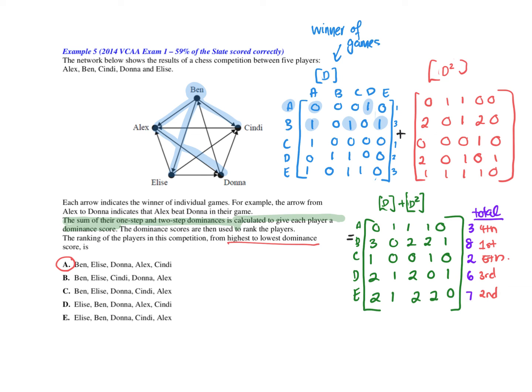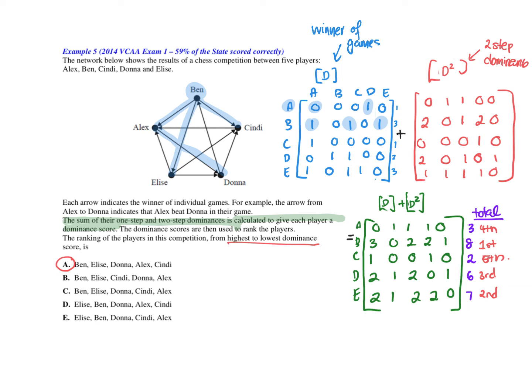So we then look at doing, and they've asked us, the way they're going to calculate dominance is they're going to do 1 and 2-step dominance. So here is where I've created the 2-step dominance matrix. And the way we've done that is we've simply squared that blue one.